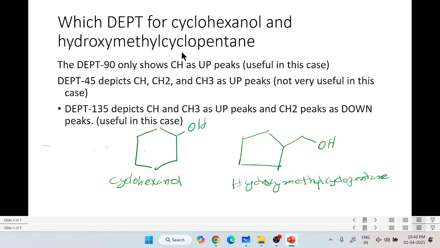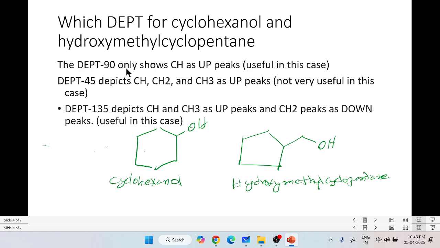So which DEPT technique do we have to use for cyclohexanol and hydroxymethylcyclopentane? We know that the DEPT-90 shows only the CH as up peaks. We know the DEPT-45 depicts CH, CH2 and CH3 as up peaks, whereas the DEPT-135 depicts CH and CH3 as up peaks and CH2 peaks as down peaks.